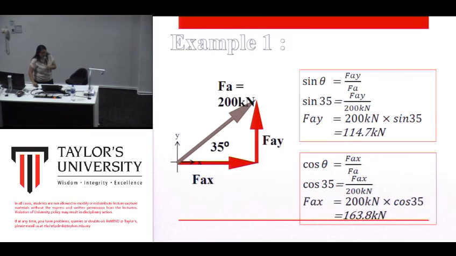Cos 35 equals Fax, which is unsure, so leave it as it is, divided by the hypotenuse 200. Rearrange everything, and you will have Fax equals 163.8 kilonewton. If you have a calculator, you can actually check it right away. So far, okay? Alright.